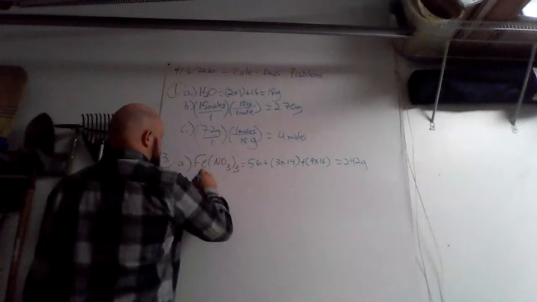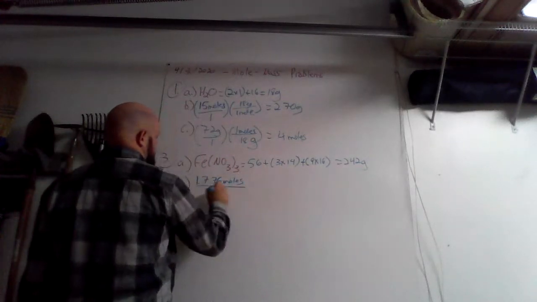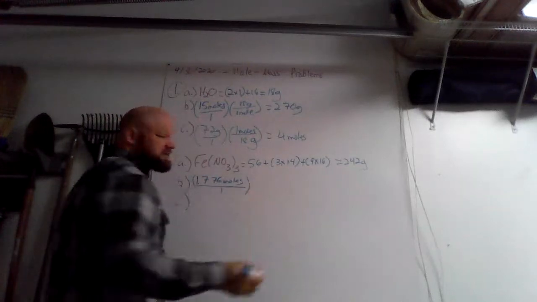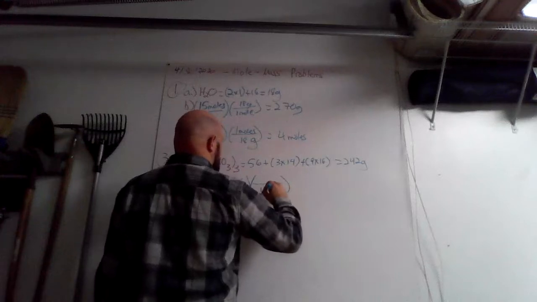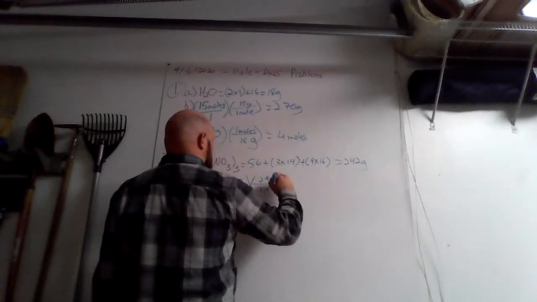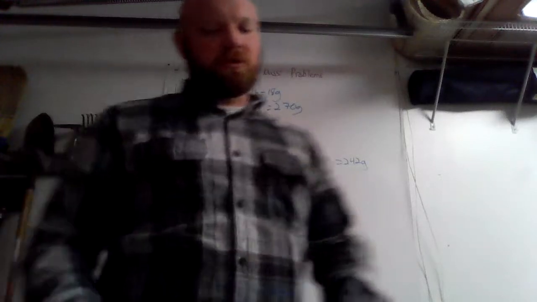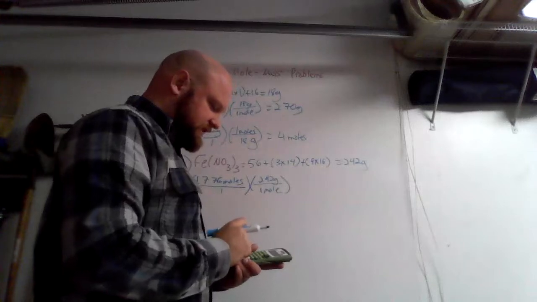So if you have 1.776 moles, how many grams or what mass is that? Anytime you see mass, the unit's always grams we're using. Okay, moles drops down. So 1 mole is equal to 242 grams. So I'm going to multiply 242 times 1.776.